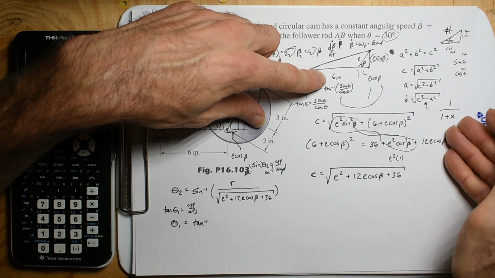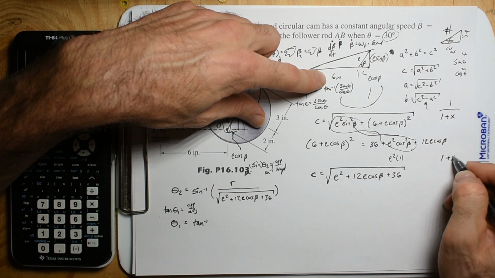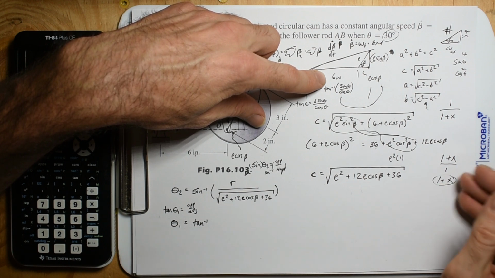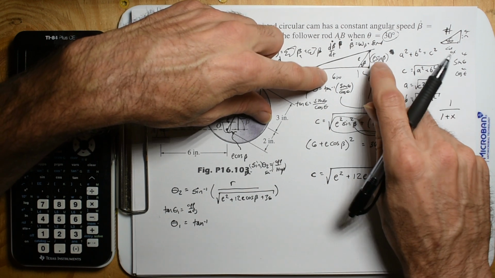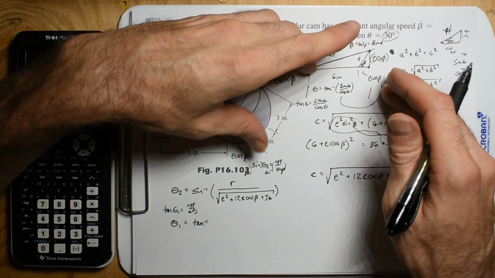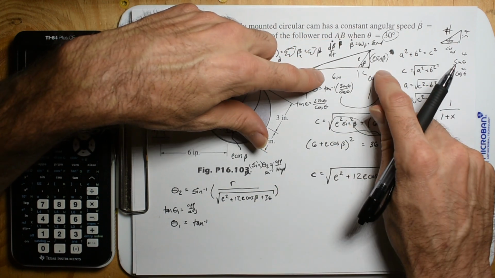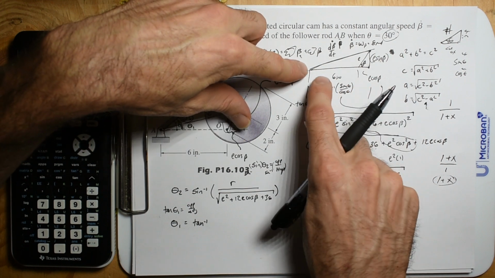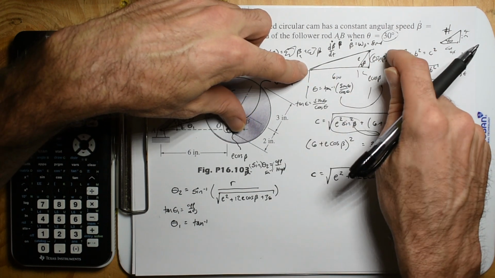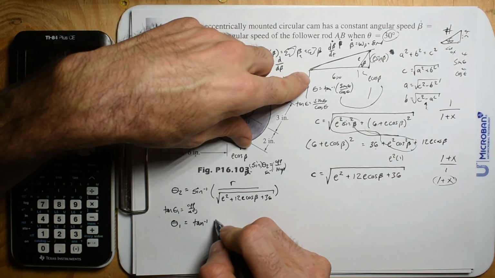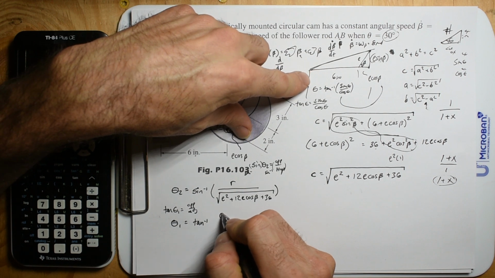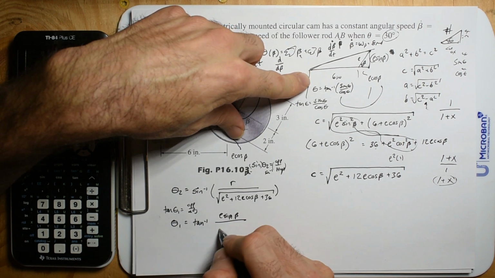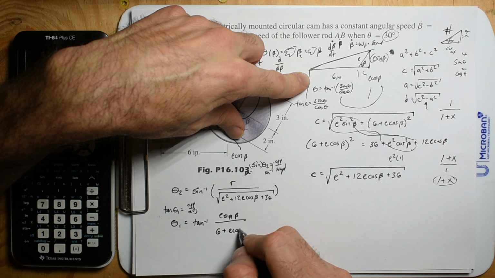You really can't do anything about it. But if you had 1 plus x divided by 1, that's just 1 plus x. Way simpler. So that potentially is why you'd want to do inverse cotangent right here, because then you'd have this 6 plus e cosine beta. A cotangent is adjacent divided by that. But that aside, who cares? We're going to do e sine beta divided by 6 plus e cosine beta.